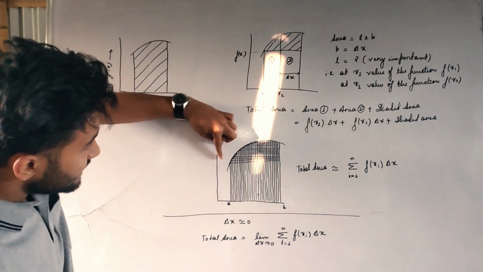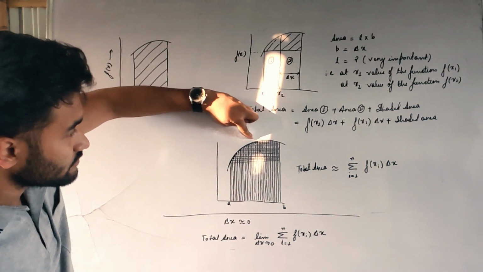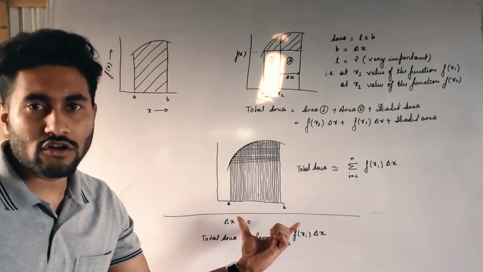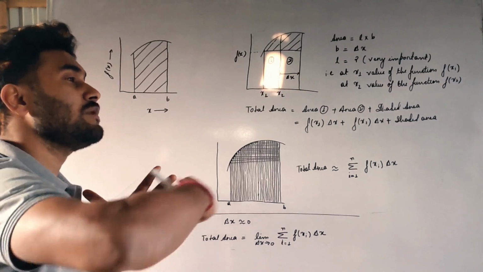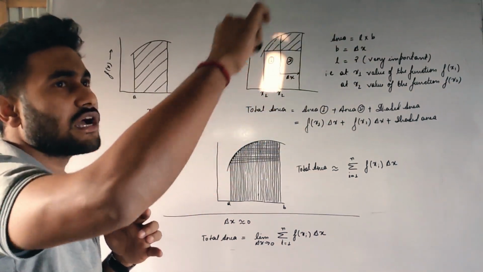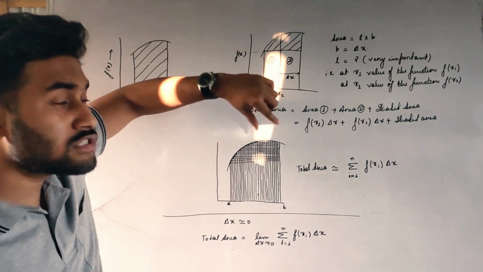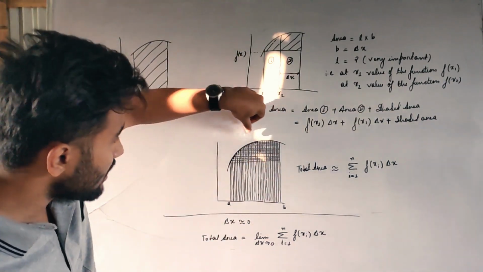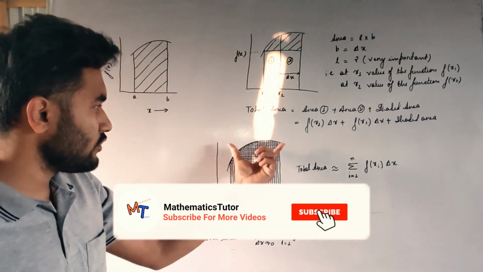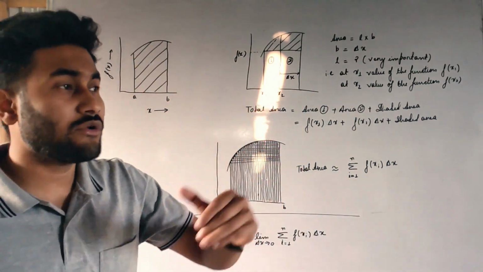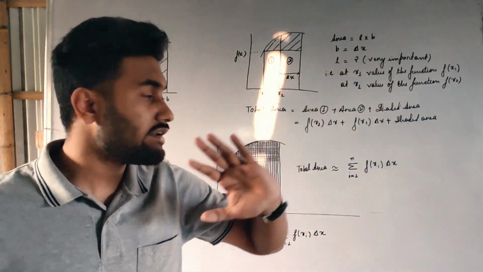You see the shaded area has become so less, almost negligible, with only 15 or 16 rectangles. If you imagine n rectangles, 100, 200, 1 lakh, 2 lakh, the shaded area will be almost negligible. This part I was not able to shade because with a marker pen it is not easy to draw. So you can imagine what would happen if there were n rectangles.